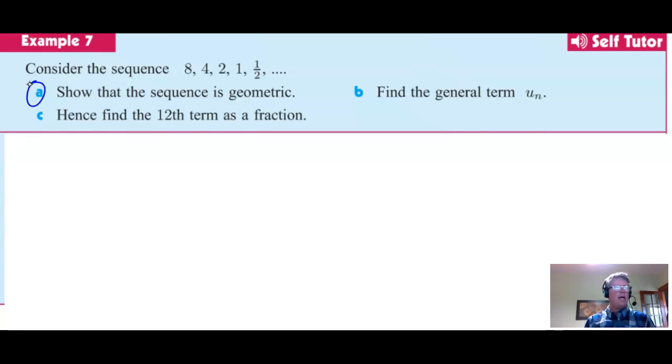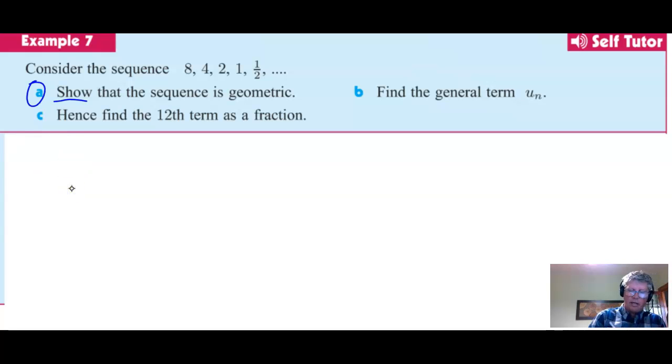All right, so here we are with part A: show the sequence is geometric. Show, once again, is not going to be just, oh, it looks like you're multiplying by 1/2. Yeah, that's because you're smart. What we're going to do is take any two consecutive terms and show that no matter what I do, it's the same. So I take 8 and 4.